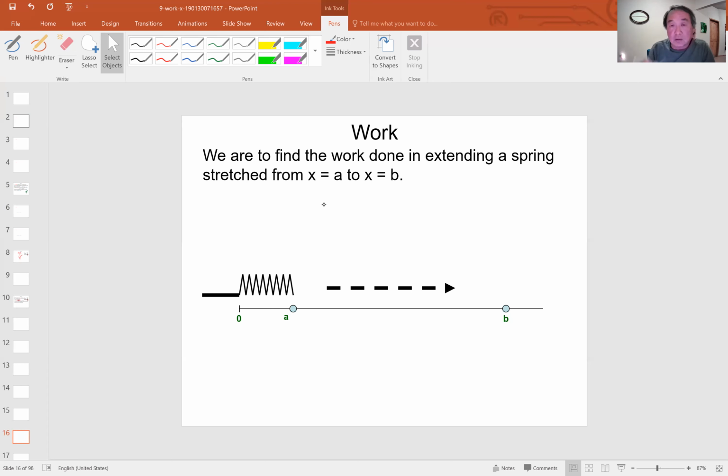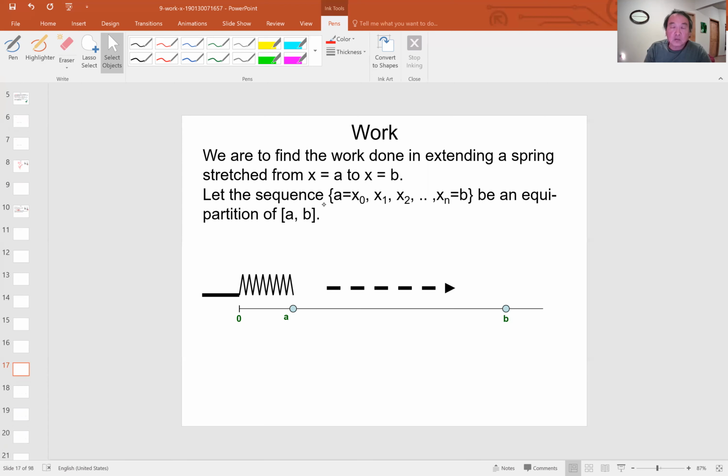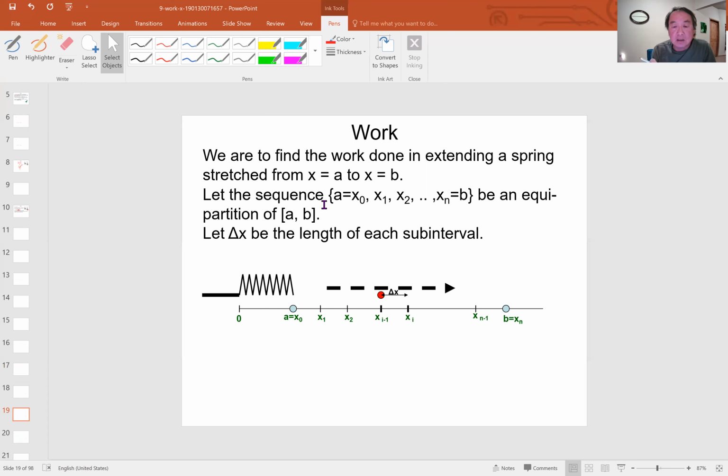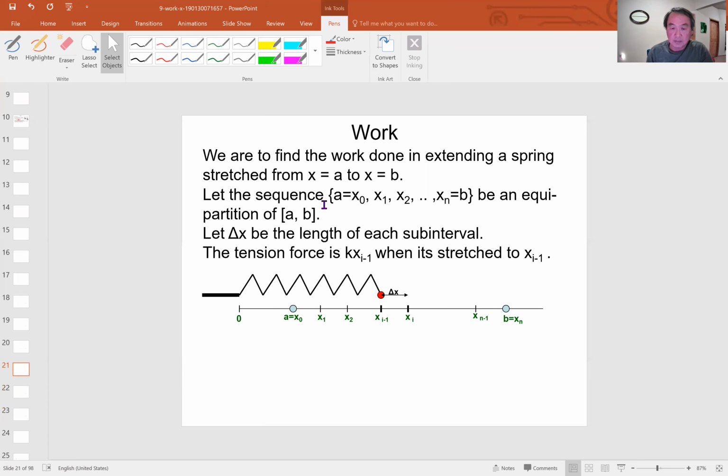Well, we cut it up into little pieces. Cut what up? We cut the distance up. From point A to point B, we partition, with regular partitions so they're all the same size. Let delta x be the distance from one number to the next. Now suppose the spring has been stretched to the point x sub i minus 1.